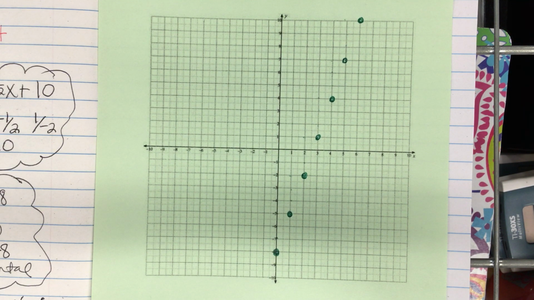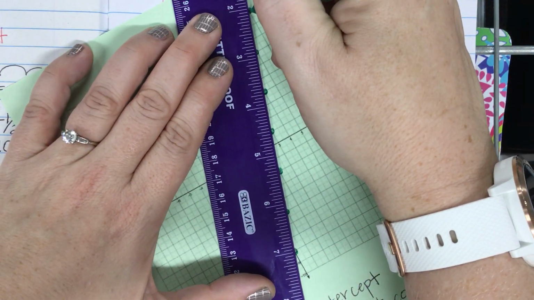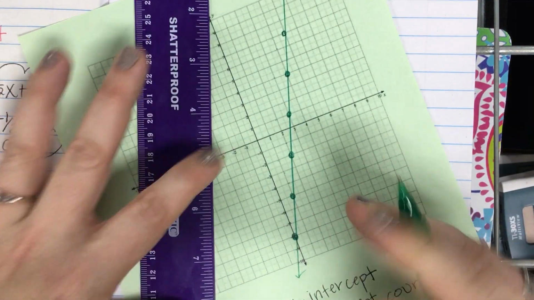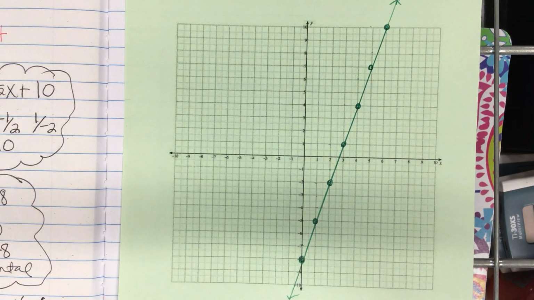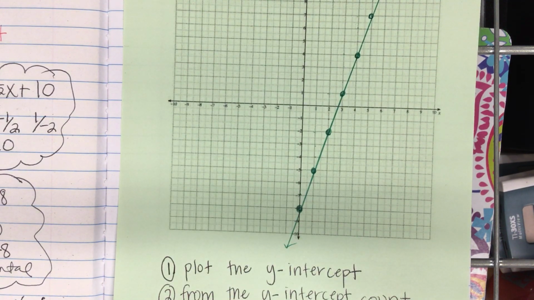Then I'm going to take my straight edge and connect the dots all the way through the graph. Put some arrows on the end of it. Make it a good, reliable graph. And I just graphed that linear equation.